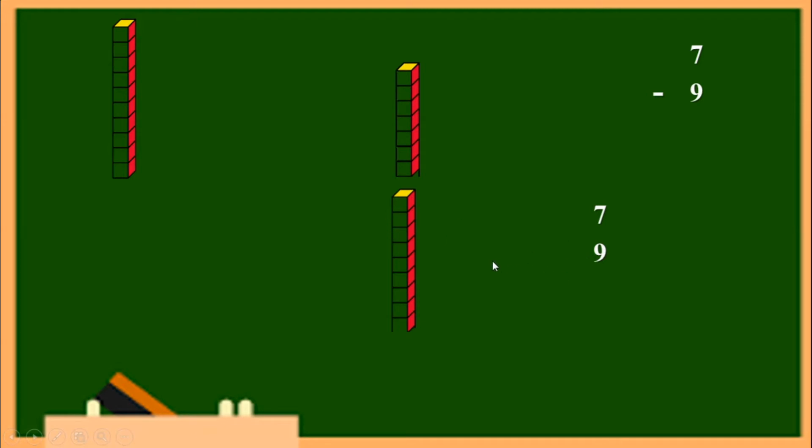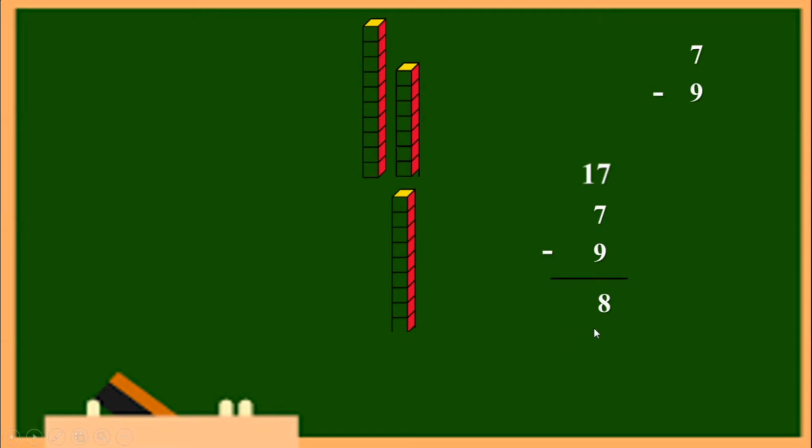Now we are going to take 1 tens from the tens group. This 1 tens means 10 ones, and with the 7 ones it makes 17 ones. Now easily we can remove these 9 ones from this 17, so 17 minus 9, the answer is 8.